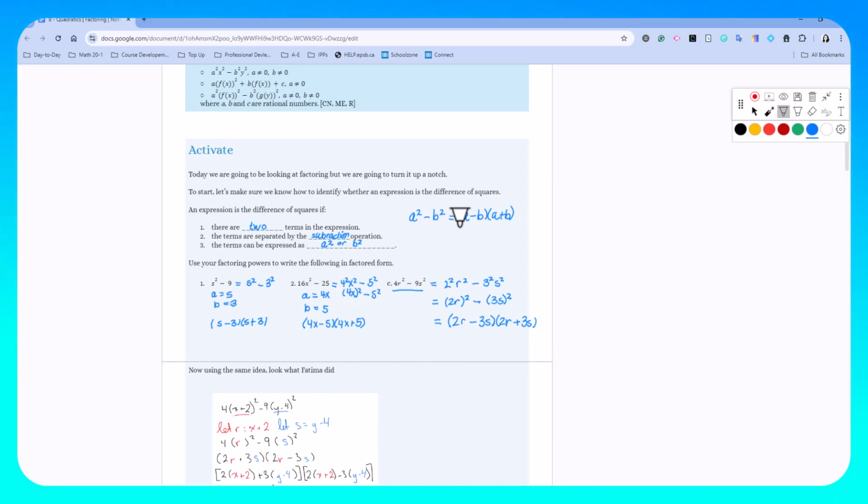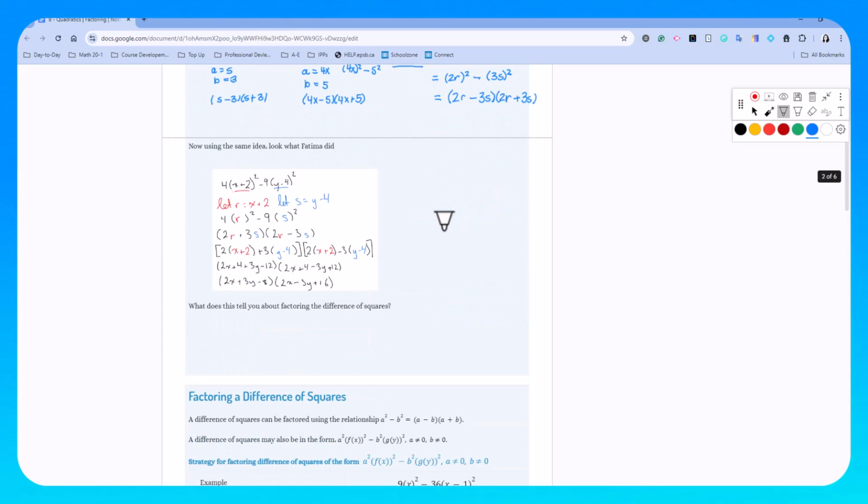But I want you to look at what Fatima did right here. She has something that also looks like the difference of squares, but it's much more complex: 4 times x plus 2 squared minus 9 times y minus 4 squared. Look at what she did. She's taken x plus 2 and substituted r equals x plus 2, and s equals y minus 4.